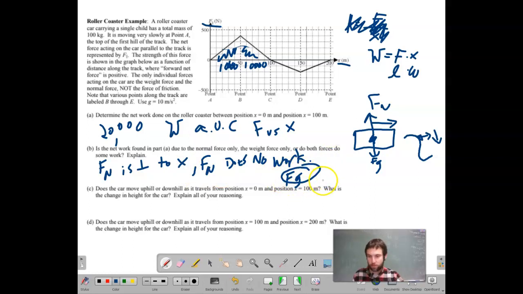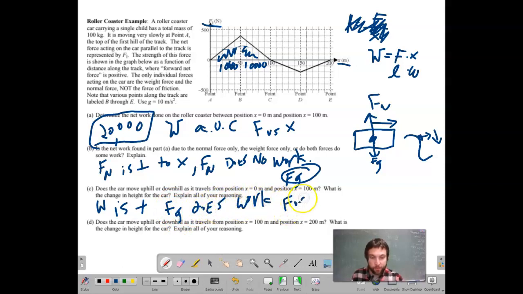Does the car move uphill or downhill as it travels from 100 to 200? Actually, I skipped a question. From 0 to 100, what is the change in height for the car? Explain your reasoning. The work that we found earlier was positive, not negative. The only force acting is the force of gravity, so Fg does the work.